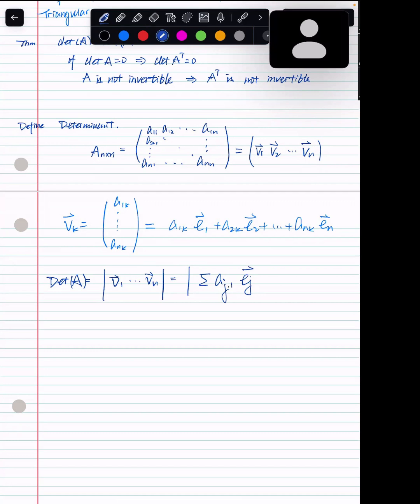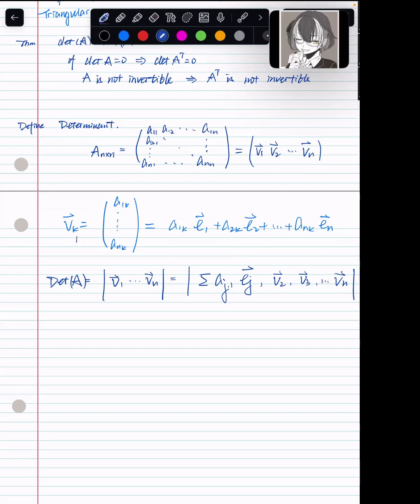Isn't it the first column vector? Because if Vk is A1k to ANk, shouldn't Vj be Ajk to ANj?